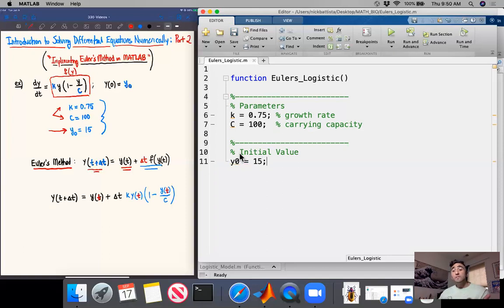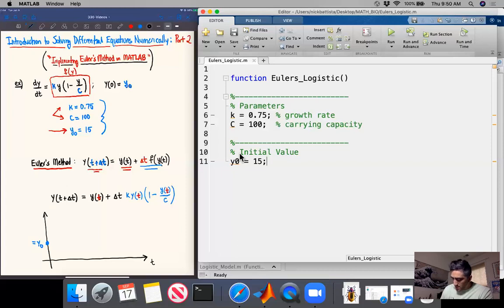And now, similarly to what we did for discrete dynamical systems, we're going to want to save all of our solutions in a vector. All of our solution time points, if you will, in a vector. So if we have some initial value, y0, we want this to be the first value in our solution.